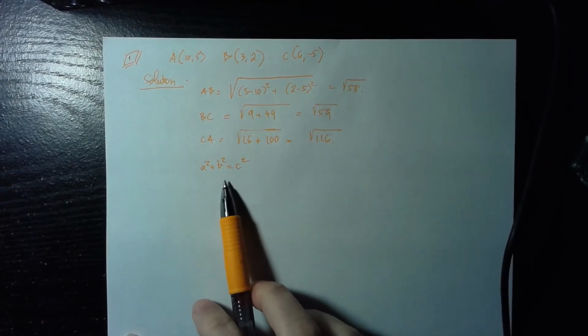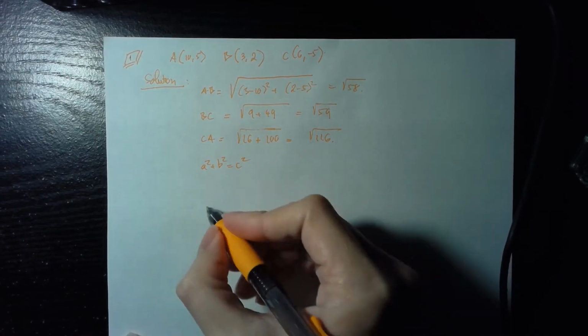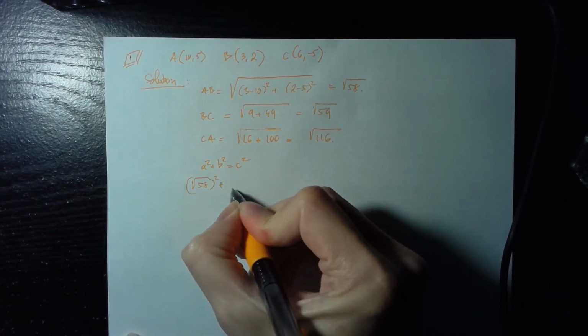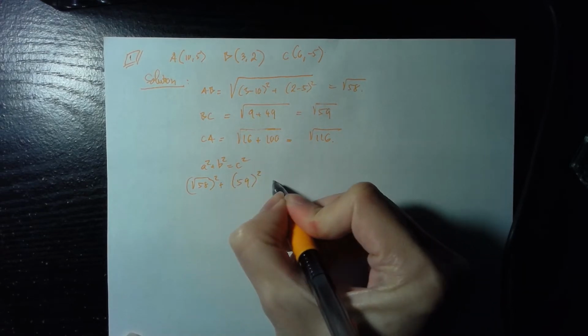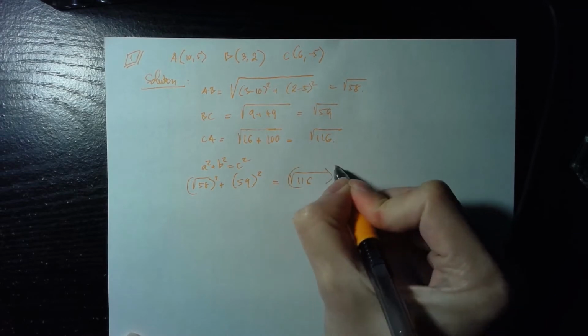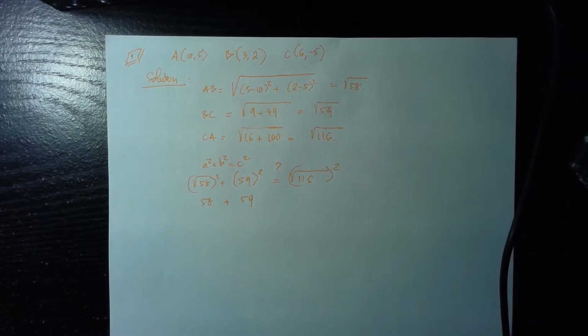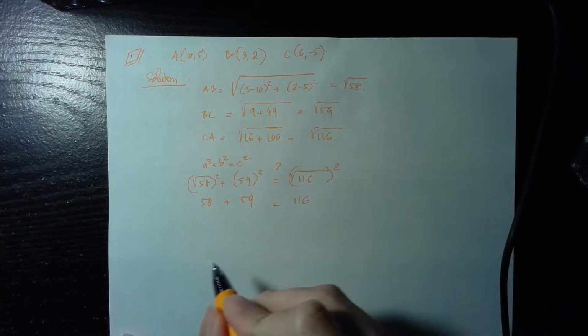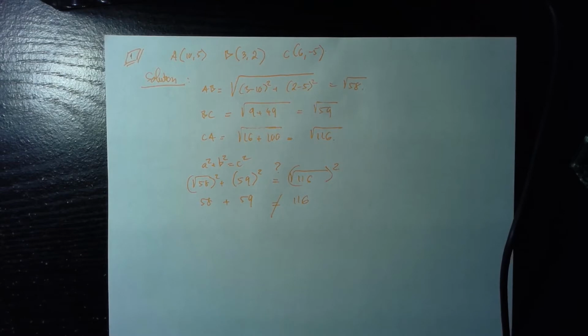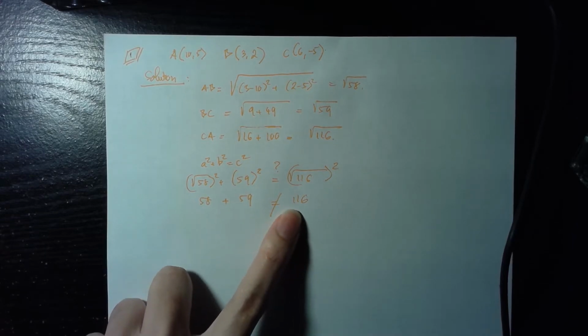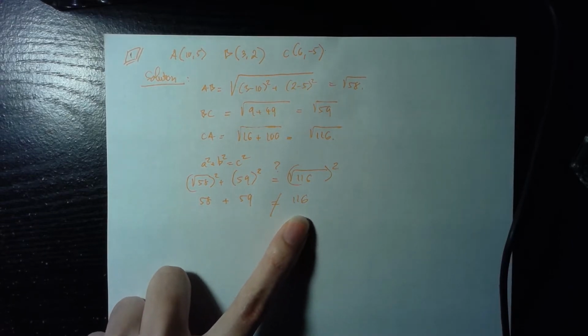We plug them in: AB squared plus BC squared, does it give 116 or not? 58 plus 59 is not equal to 116, so it does not create a right triangle.